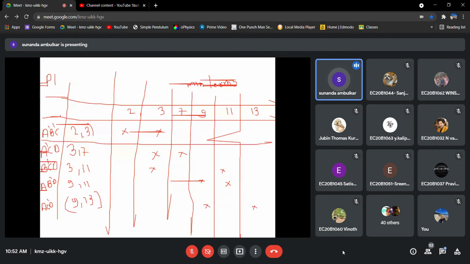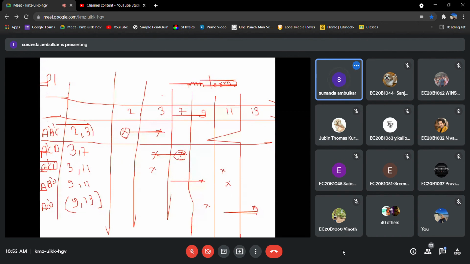Now what is the rule? We have to find out the min terms which belong to only one prime implicant, and we have to encircle this. This is encircled. Next is what? 7, this one, and next is 13.